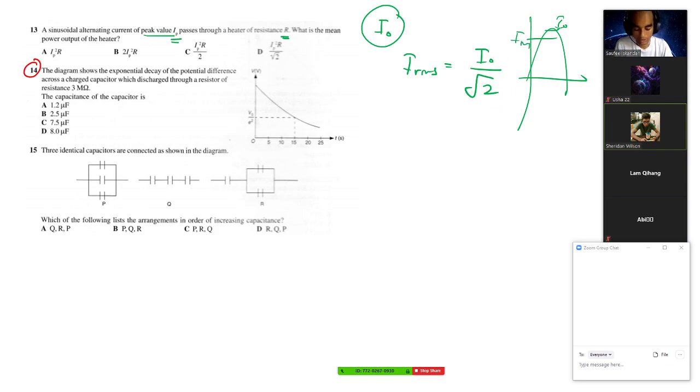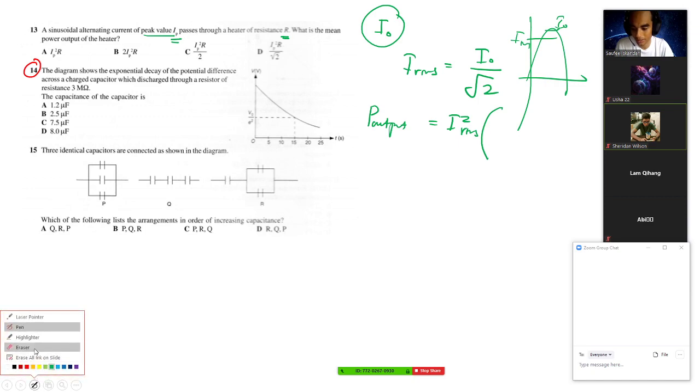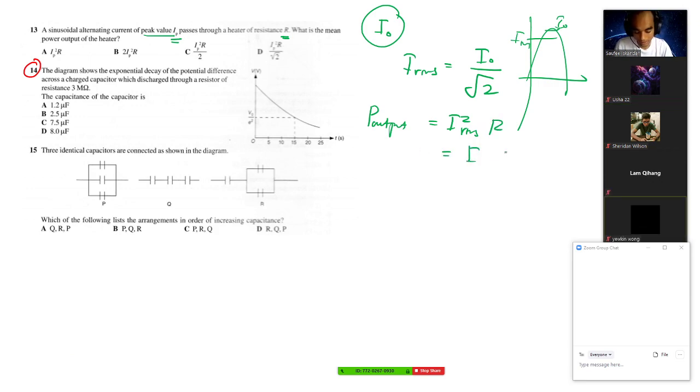Right? So one more thing, there is a P output, equals I squared RMS times R, right? P equals I_RMS squared R, and I_RMS is I divided by square root of 2.